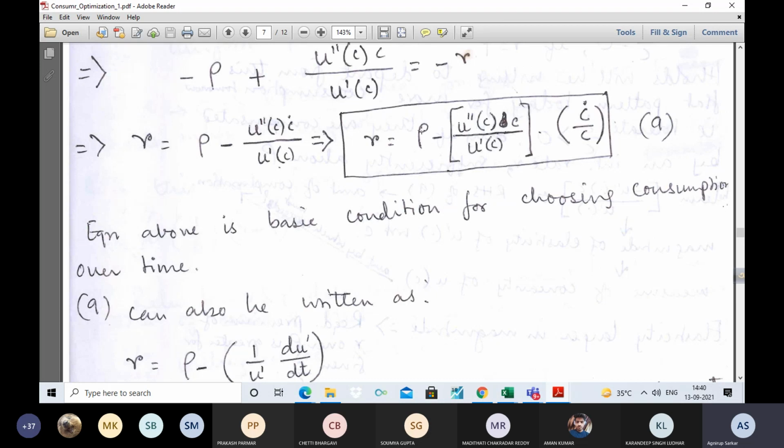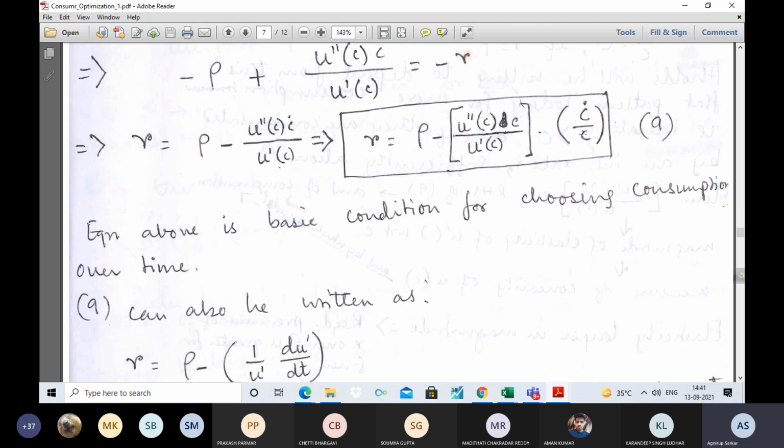Okay, so the term u double prime c times c divided by u prime c, times c dot by c, this entire term taken together, or the entire expression on the right hand side barring rho, the term within the brackets, basically gives the required amount of compensation.